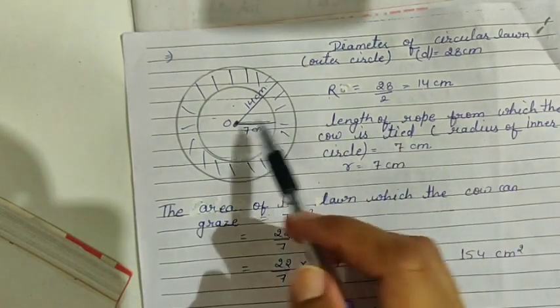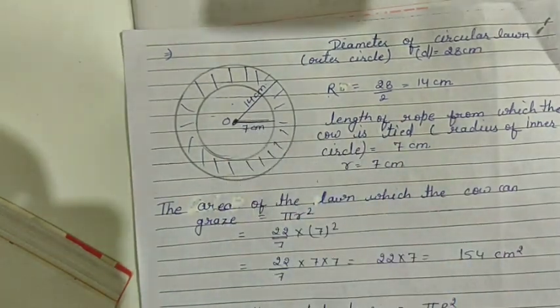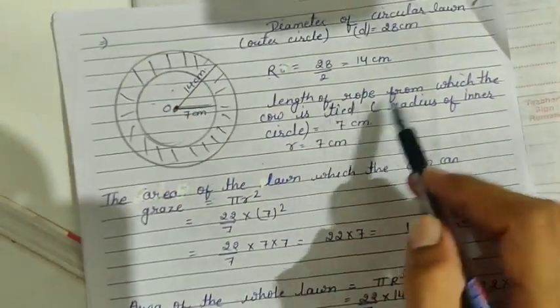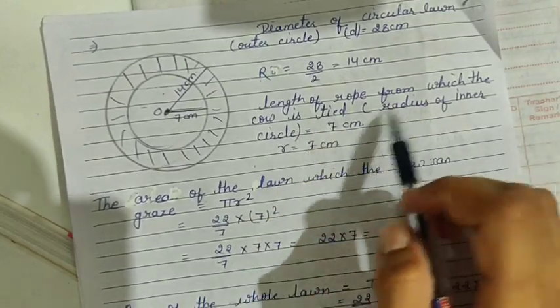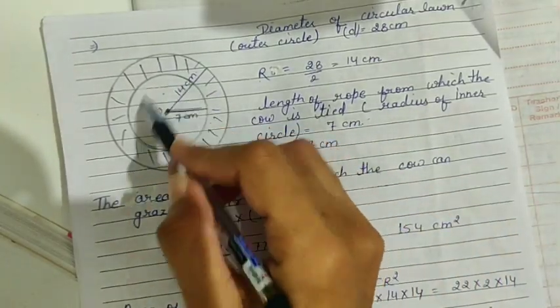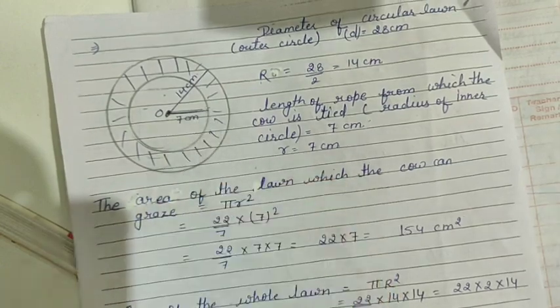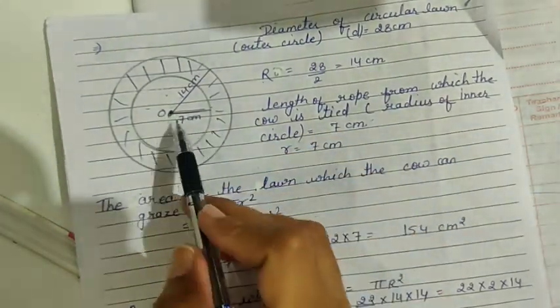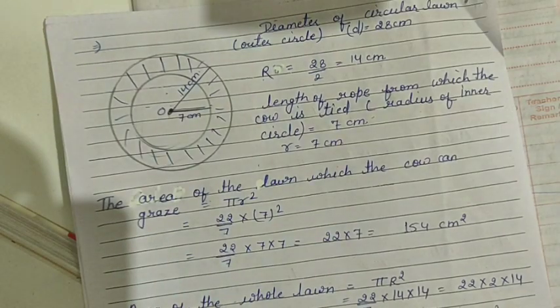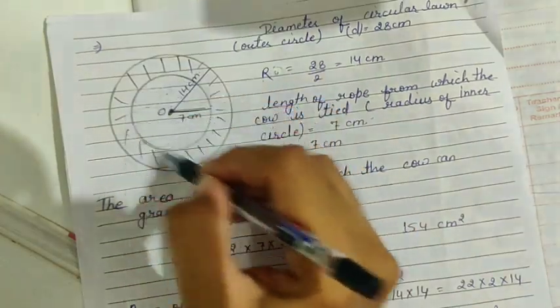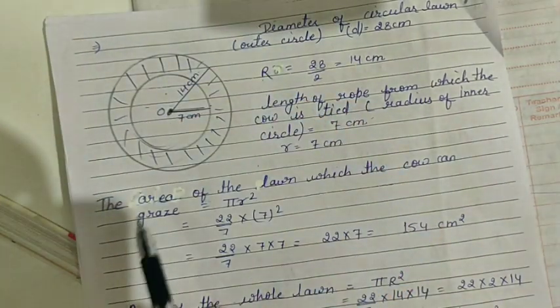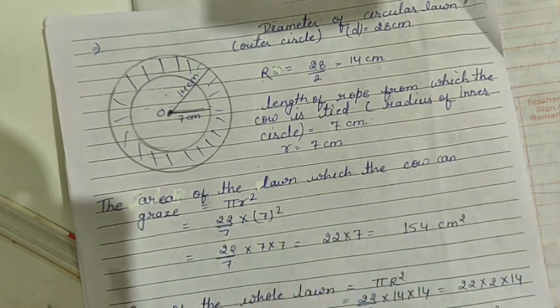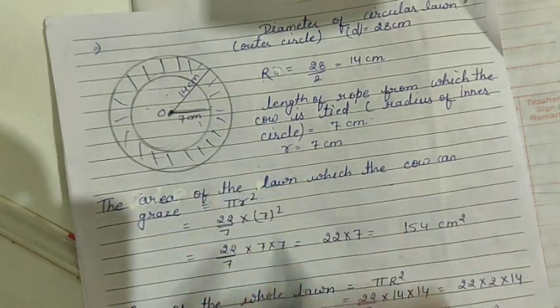The length of the rope with which the cow is tied is the radius of the inner circle. This is equal to 7 centimeter. Capital R is 14 centimeter and small r is 7 centimeter. So the area of the lawn which the cow can graze is equal to pi small r square.